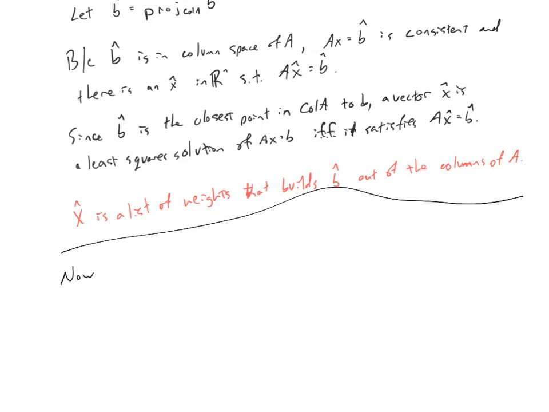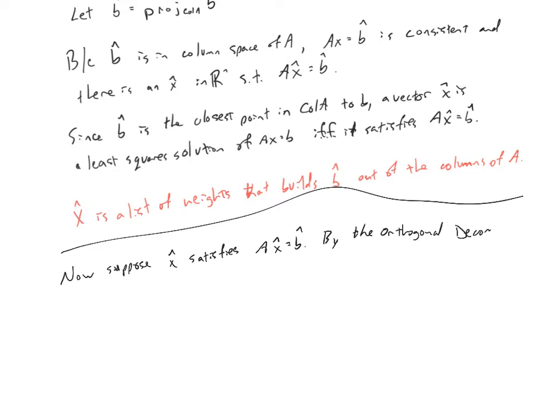Now suppose that X hat satisfies AX hat equals B hat. So suppose that vector exists and it's there by the orthogonal decomposition theorem, which we've come across previously.